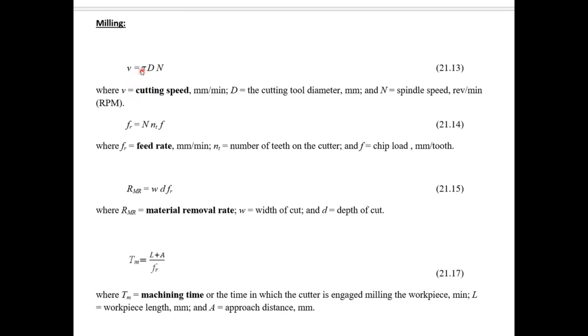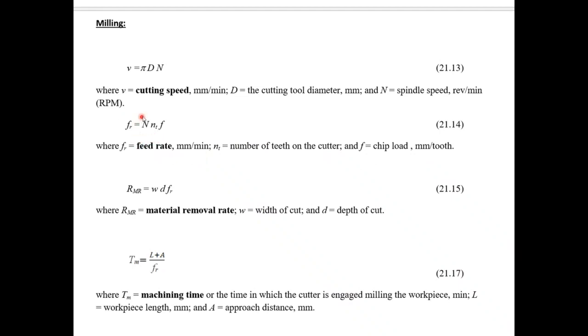So we should take care of the unit that is used for representing diameter when we are using this equation. Another equation down here which is relating feed rate to feed. The unit for feed, which is also referred to as chip load, is millimeter per tooth. And the unit for feed rate is millimeter per minute. So these are different from one another.